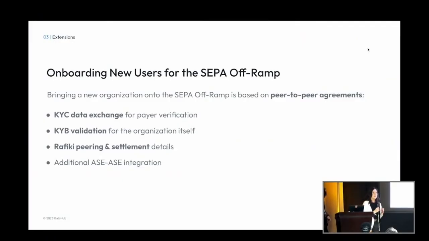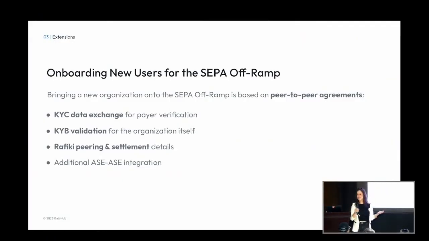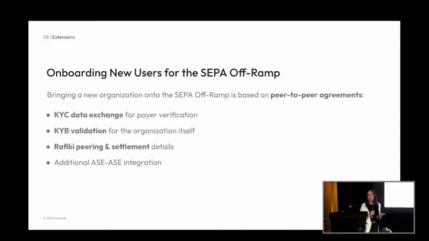Okay, so now that we saw a demo of our proof of concept, you might be wondering what onboarding new users for this SEPA off-ramping could look like. For now, bringing a new organization onto the SEPA off-ramp solution is fully based on peer-to-peer agreements. Some aspects that would need to be addressed via peering contracts would be KYC data exchange for payer verification.